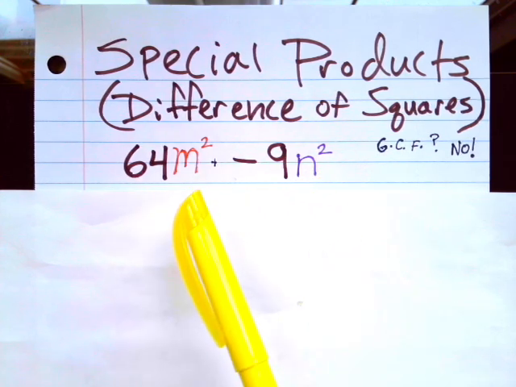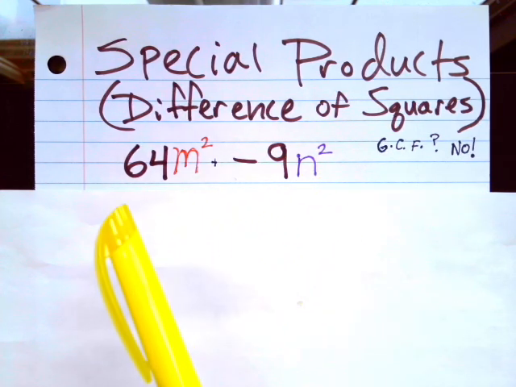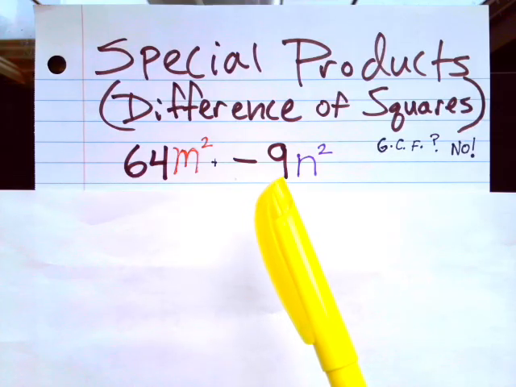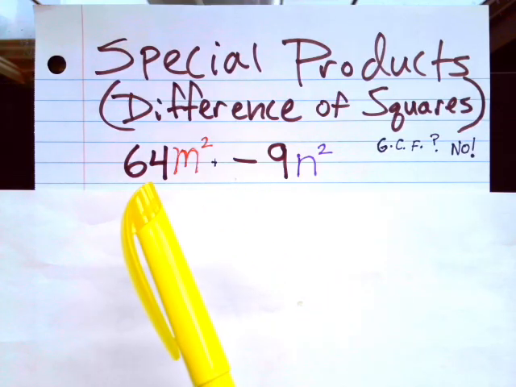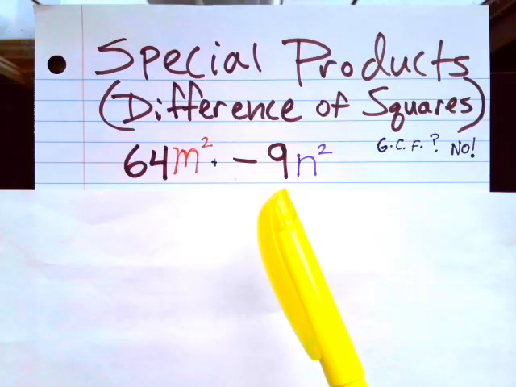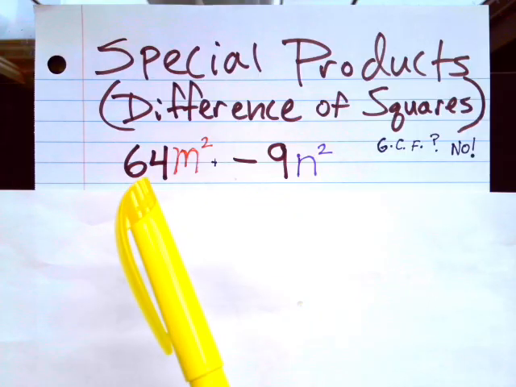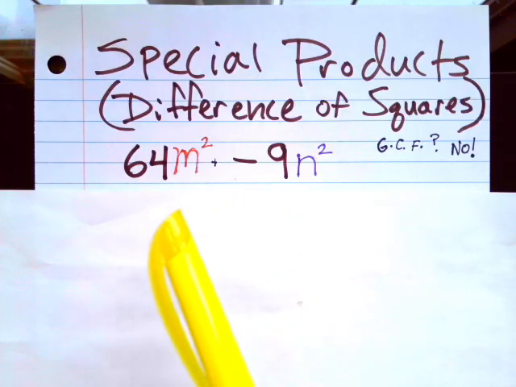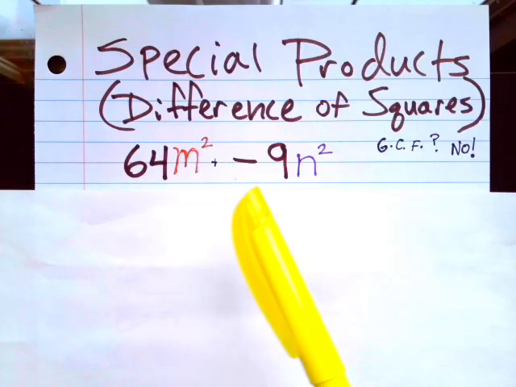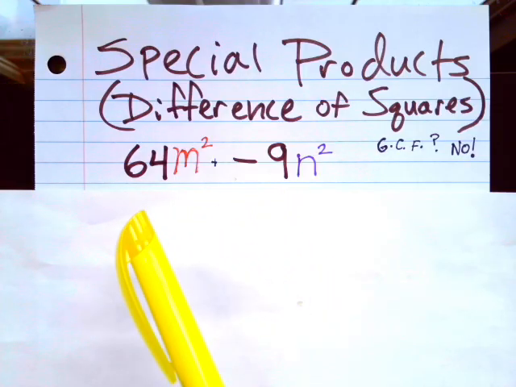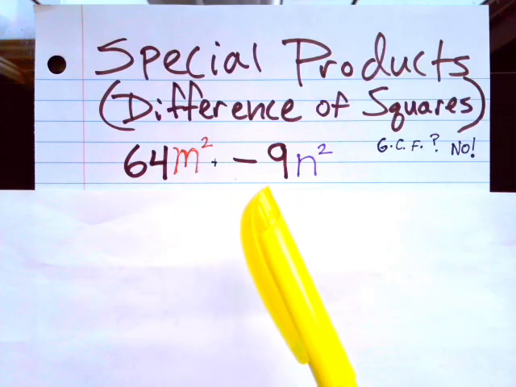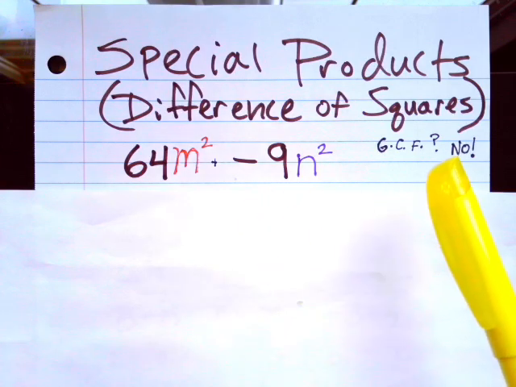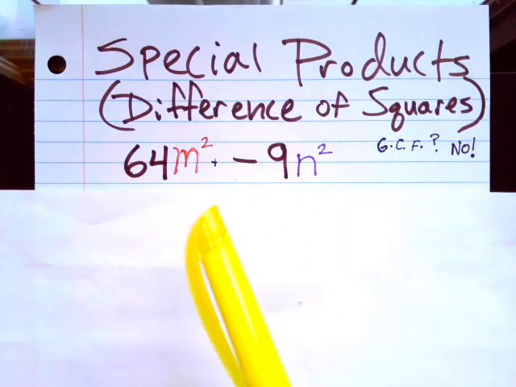or letters, excuse me. Now I look at the negative 9 and 64. Is there a number that both of these terms, negative 9 and a positive 64, share that I can divide evenly into both of these numbers without getting a remainder, and that is not the number 1? No. So there are no greatest common factors with these two terms.